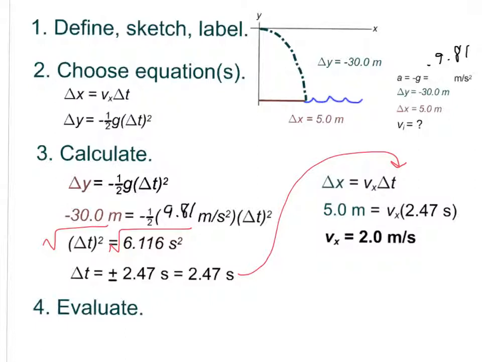Now I need to evaluate my work. Does this make sense? One thing I can do is a quick approximation. I know that 5.0 meters is my delta x. That's pretty much 5. I know that my time is about 2.5. I can simply plug some values in here as well and see. I can approximate g as 10.